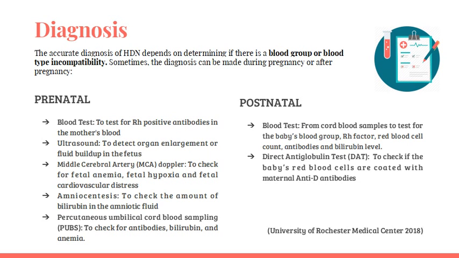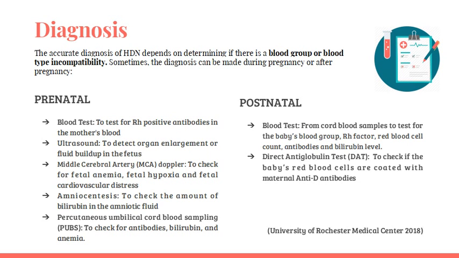HDN can be diagnosed when there is a blood group or blood type incompatibility between the mother and the fetus. So the diagnosis can be made during pregnancy, which is prenatal, or after pregnancy, which is postnatal. Prenatal tests include blood tests, ultrasound, MCA Doppler, amniocentesis, and PUBS.